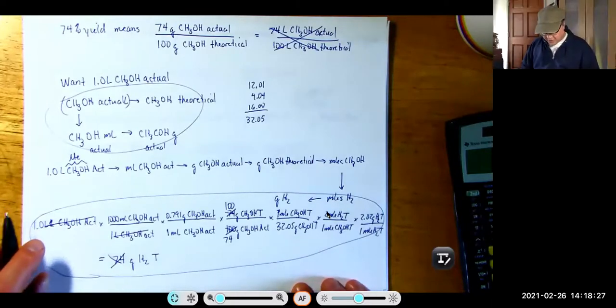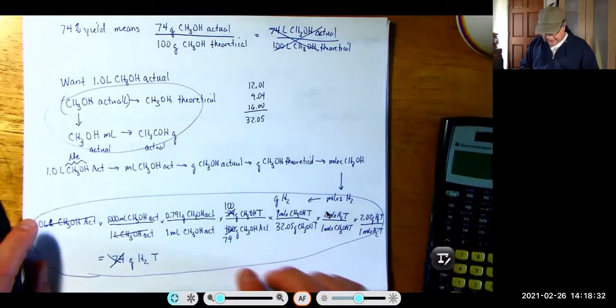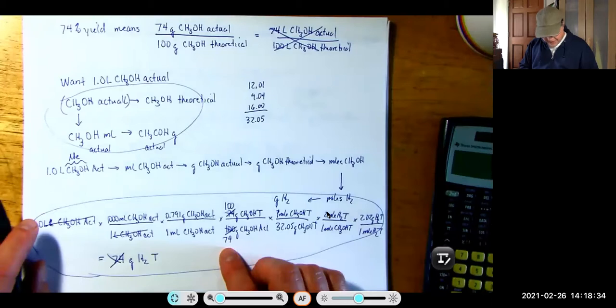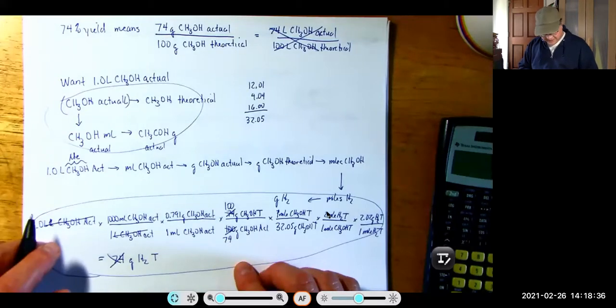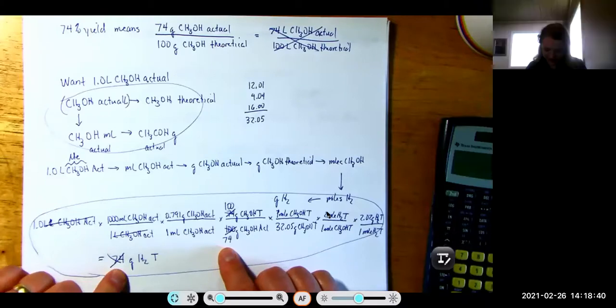So let's go back and correct that. You can see that if I take my original answer, divide it by 74 and multiply it by 100, I think the answer is going to be 100. Yeah, so let's find out.